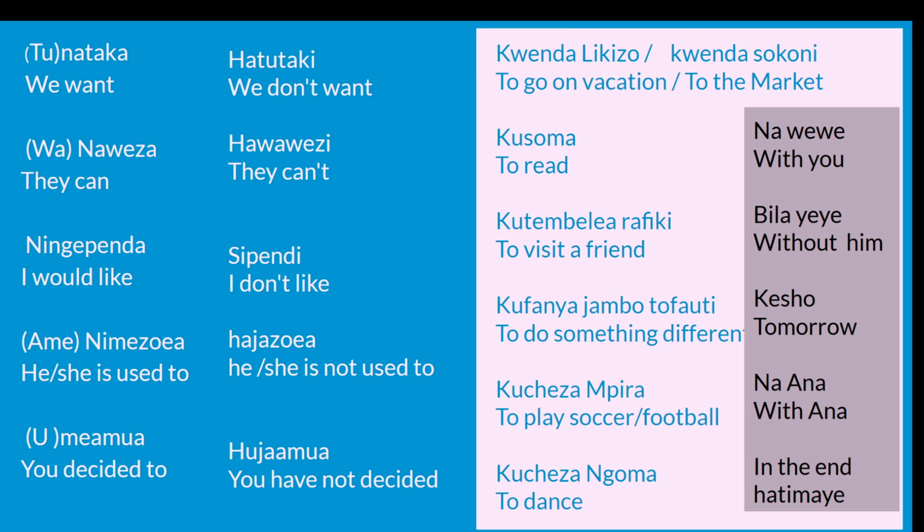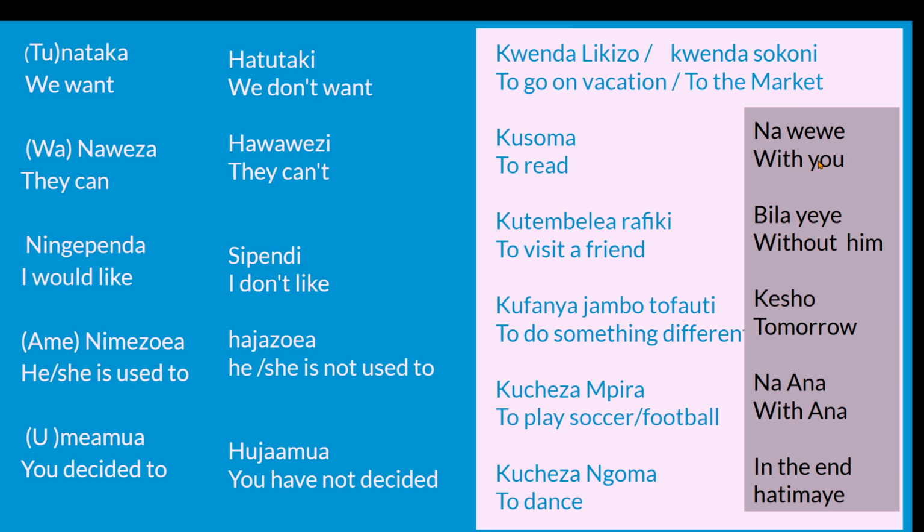Umeamua, right in the bottom. Kucheza mpira, second from below, na Anna. See that? Umeamua kucheza mpira na Anna. How would you say, I would like to visit a friend tomorrow?